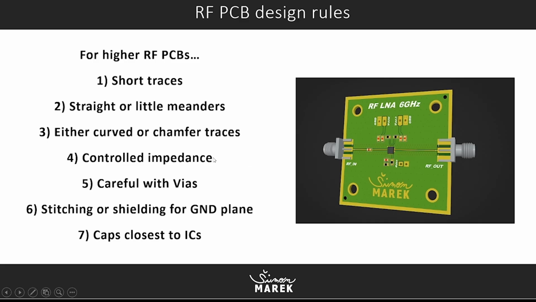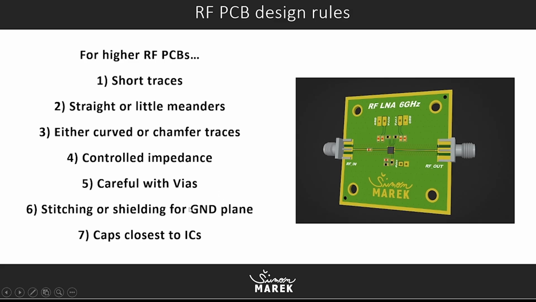It should be controlled impedance for all your RF traces. So you should really calculate your impedance. It should be 50 ohms. Almost always should be 50 ohms. You should be really careful with your vias.